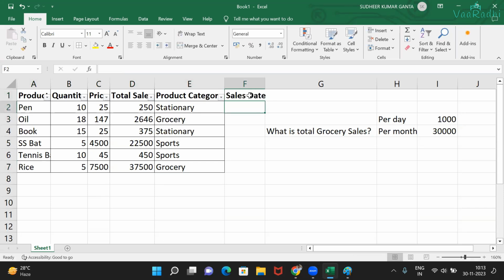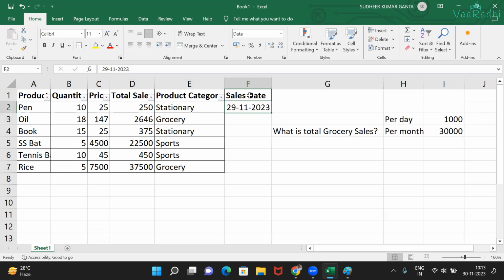So I'll simply say, it is of 29th November 23 sales. Next day, this is 30th November sales. Though it is a future date, just ignore that, guys.